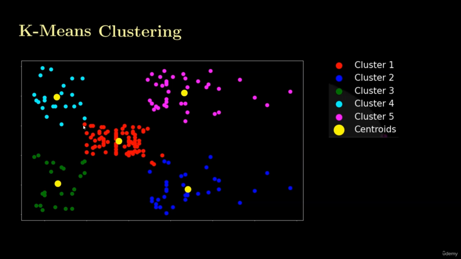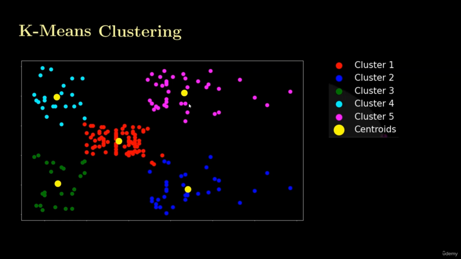There is a chance that this red point may be at equal distance to this centroid and this centroid, at the midpoint of these two centroids. But k-means clustering will not address this issue, and it will assign this point to this red cluster. The same can happen with any point. That is the limitation of k-means clustering, that it assigns one cluster to a single data point. That's why it is a hard clustering.